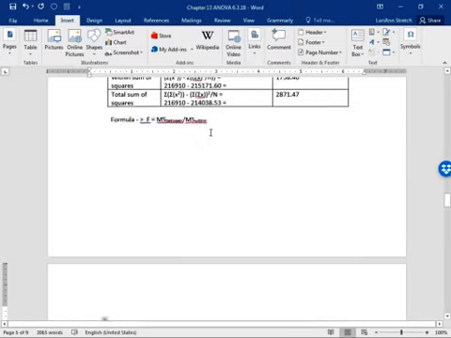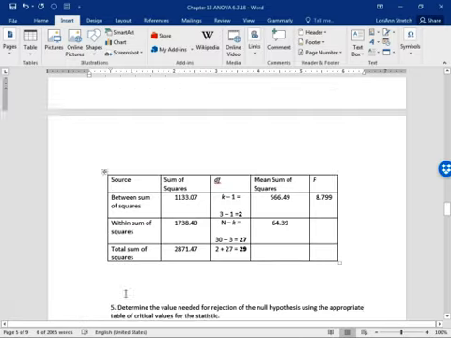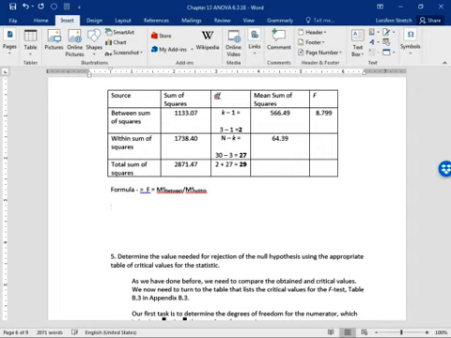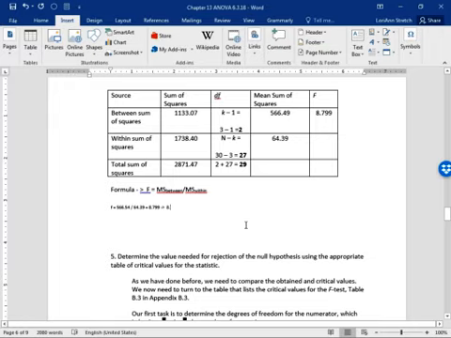So if we're using this formula right here, we're going to put that right here, then this formula is simply going to be F equals 566.54 divided by 64.39 equals 8.799, which we're actually going to say is equal to 8.80. Okay, but that's very tiny, so let's fix that.